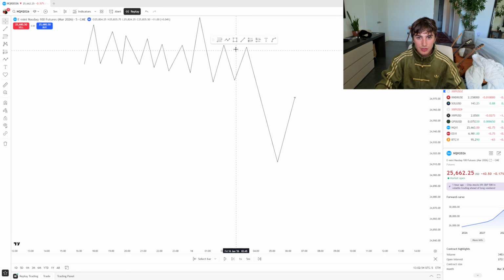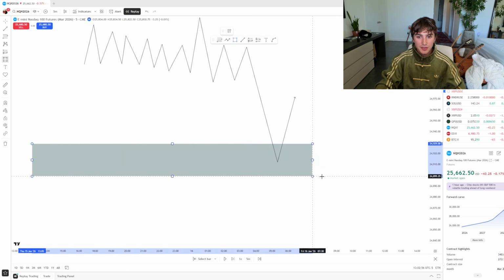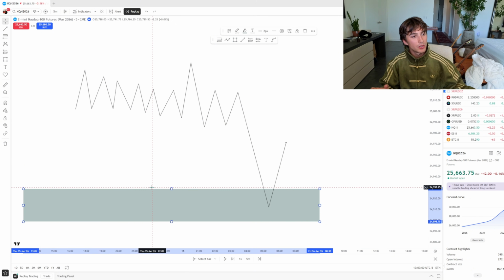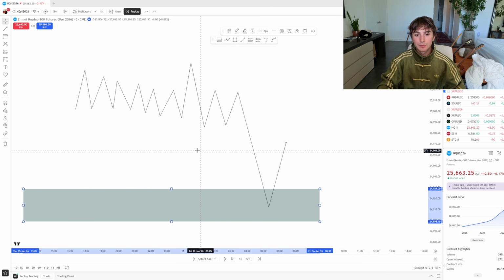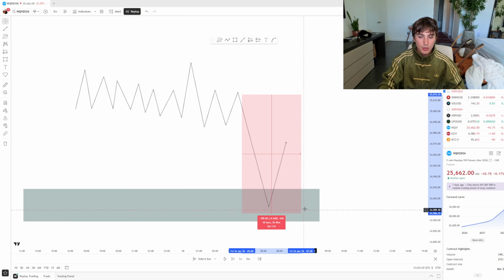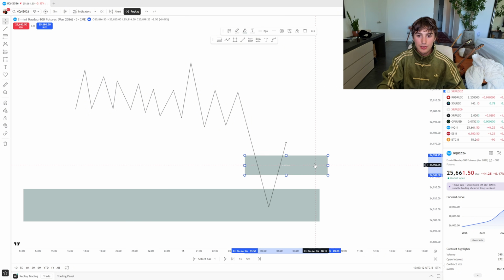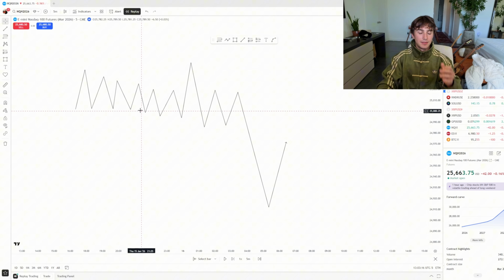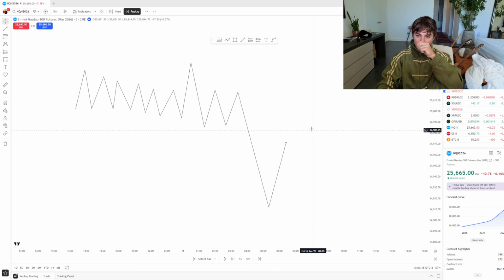Once price manipulates in a certain direction, how do you identify if it's a manipulation leg? You see if it rebalances any key level. Go back to the liquidity video, go back to the fair value gap video, go back to all these videos if you don't know what a key level is. Whether it's a 1 hour, 4 hour, 5 or 15 minute gap, if it's rebalanced one of those, then you can assume it's a manipulation leg. And then if you get an inverse of some sort off of that, you can catch a trade.